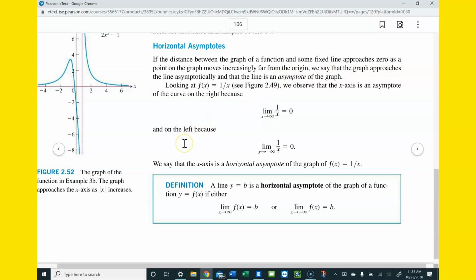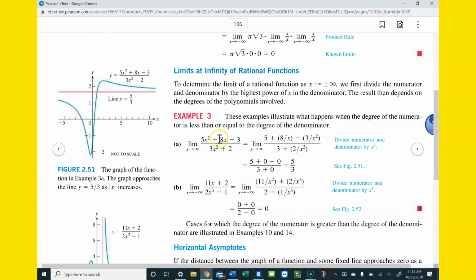In fact, we would say that it is a horizontal asymptote. For example, 1 over x, as x approaches infinity, that limit is 0. Same for negative infinity. Therefore, y equals 0 is a horizontal asymptote of the graph of 1 over x.